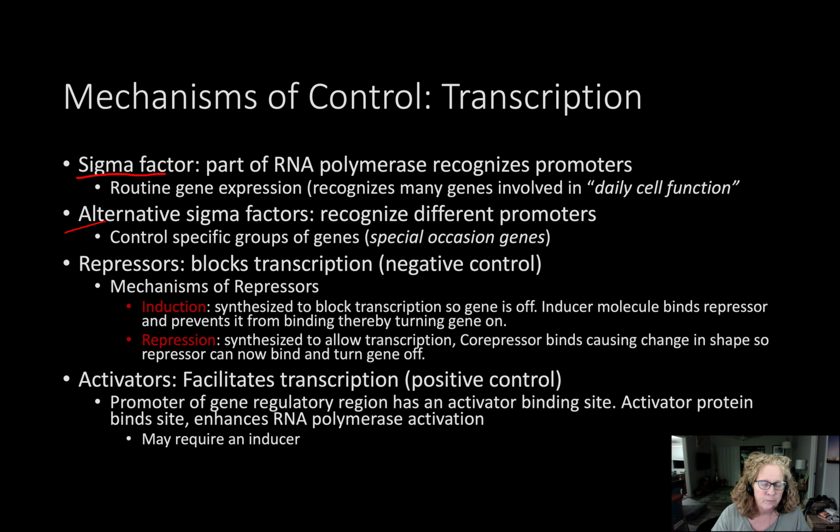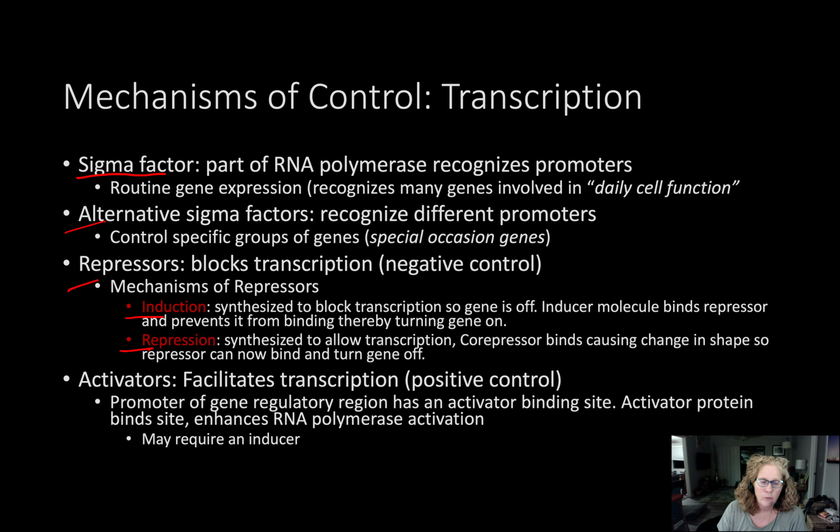These are sometimes called special occasion genes, and these alternative sigma factors are unique and specific to those special occasion genes. Bacteria, as well as our own cells, will produce repressors. There are two different types: induction repressors and repression repressors. Induction is just like an inducible gene. An induction repressor will be synthesized in order to prevent transcription from occurring, so the gene is always turned off.